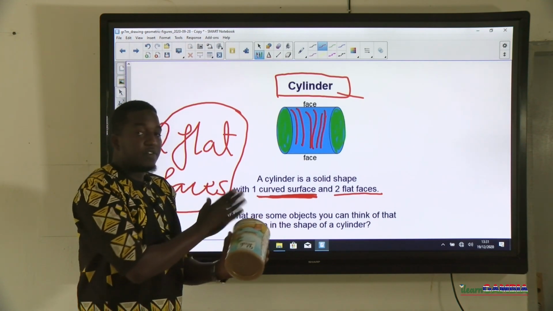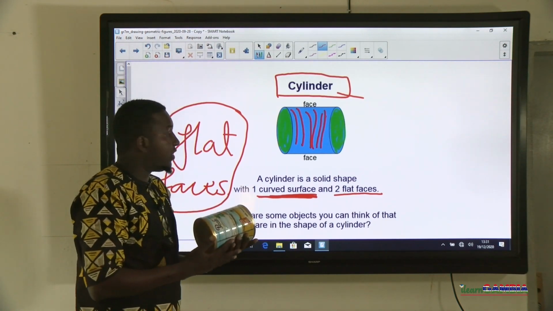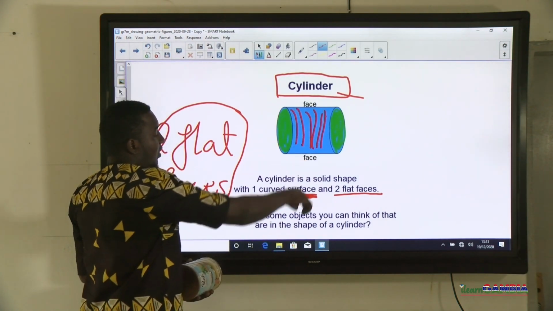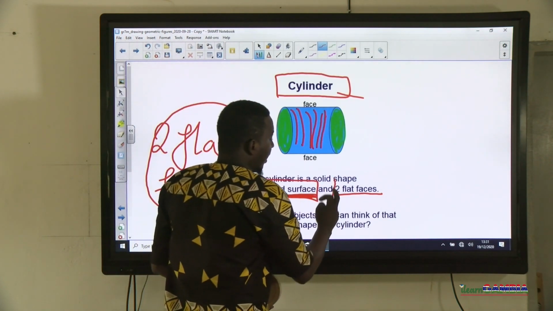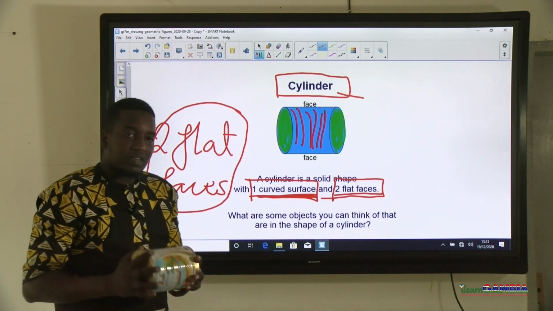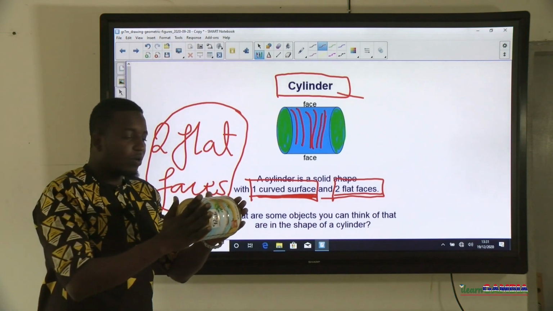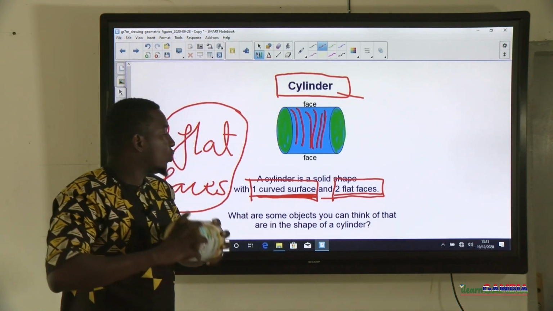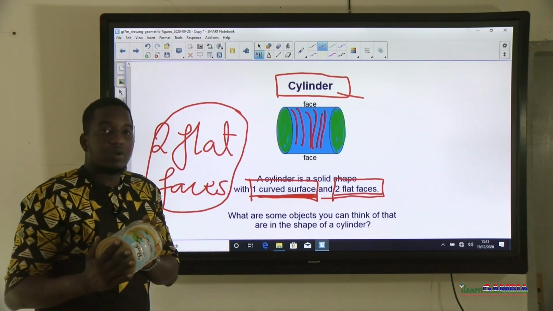So it has two flat faces and one curved face. These are the two things that we need to consider whenever we are talking about objects that are cylindrical. We need to pay a lot of attention to that. Whenever we come across objects, in order for us to call them cylinders or to justify that they are cylinders, we need to look at those two properties.